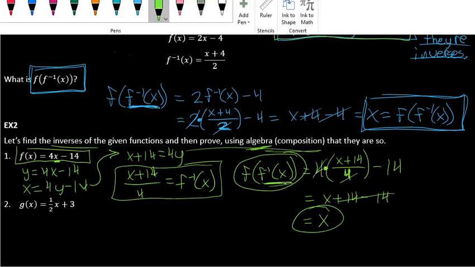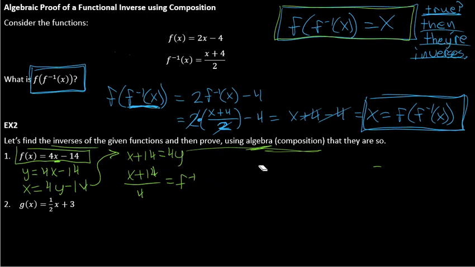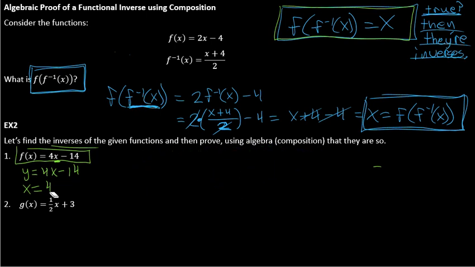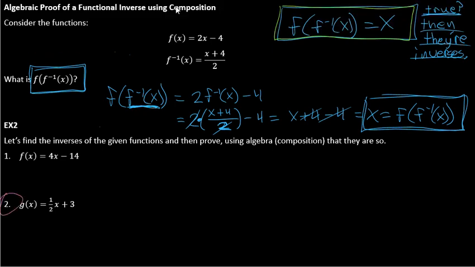Okay, one more example. Let me erase and give myself some room. I'm going to use pink this time. So I'm looking at number 2. g of x equals 1/2 x plus 3. I'm going to revert, call this guy y again, and then flip: x equals 1/2 y plus 3.